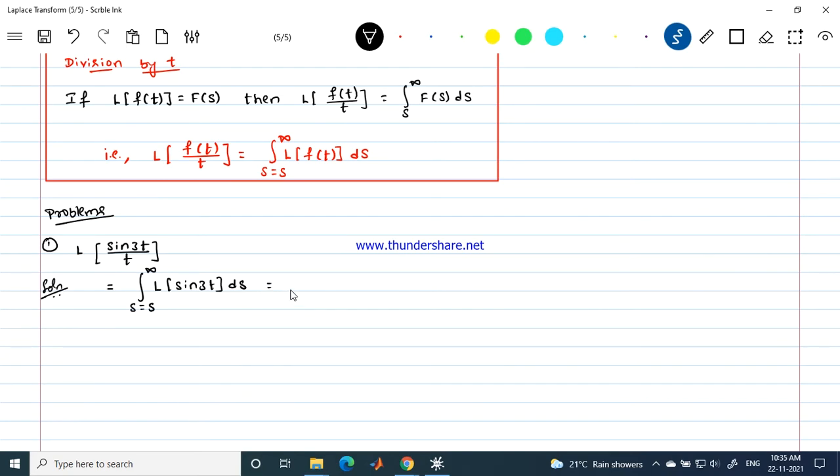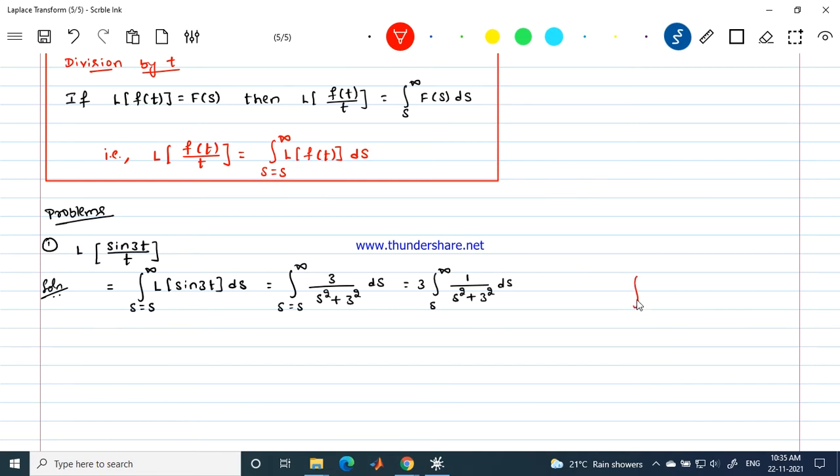This is equal to the integration from s to infinity. The Laplace of sine 3t is given by 3 upon s square plus 3 square ds. This is equal to 3 times the integration from s to infinity of 1 by s square plus 3 square ds.